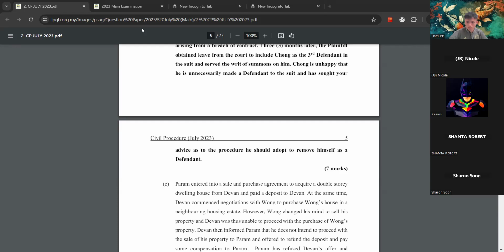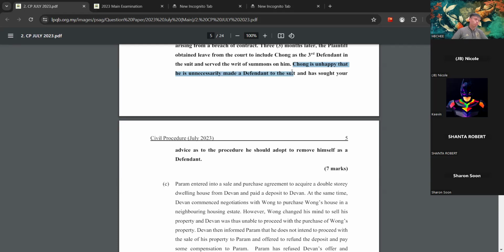Okay, I see the answer here. Very good, you all managed to answer the question already. Actually, everything is based on Order 15 Rule 6, because from the fact here, it is very obvious that this is a misjoinder of party, because Chong is unhappy that he is unnecessarily made a defendant to the suit.